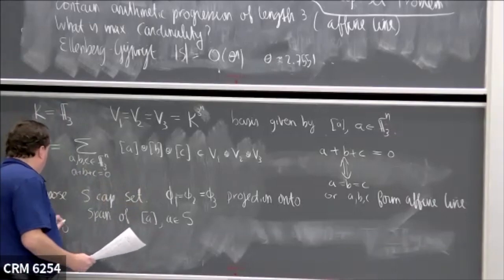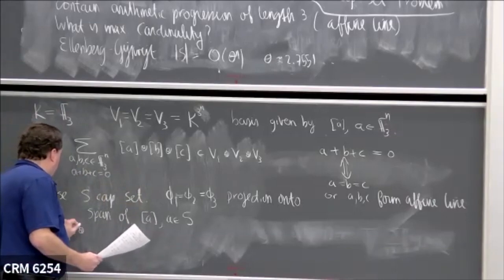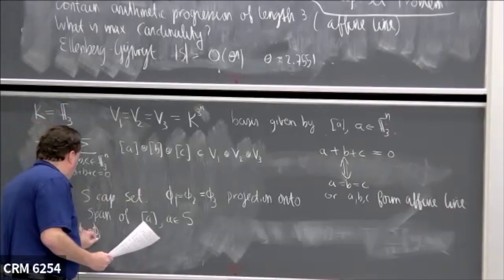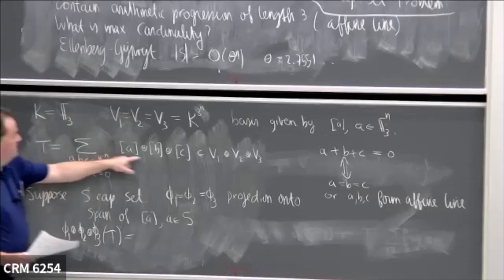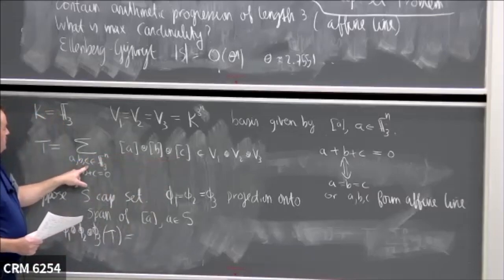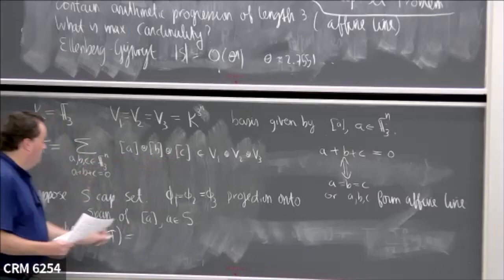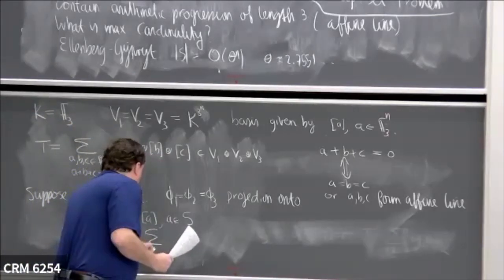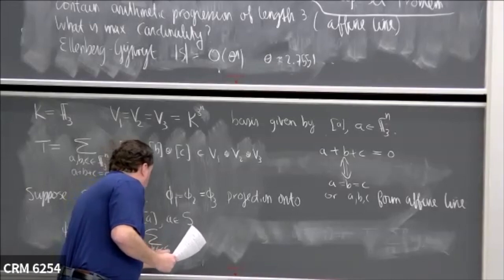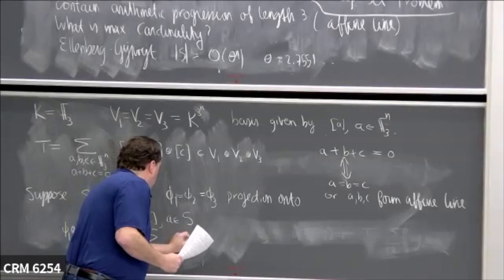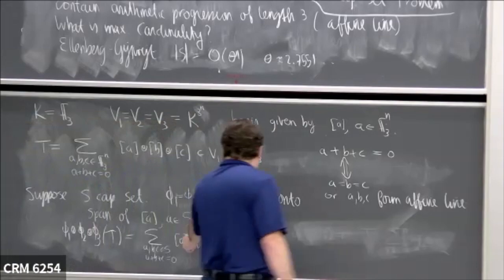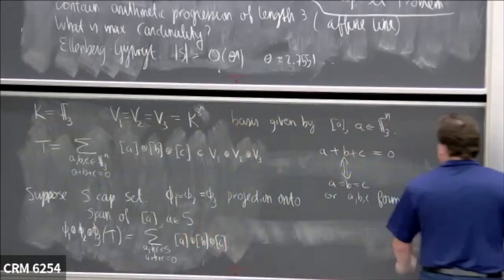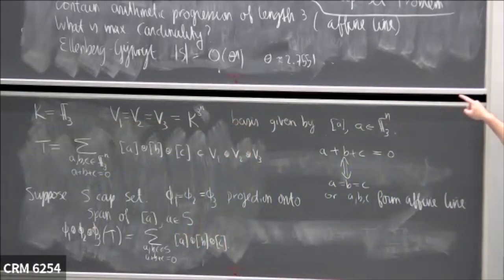Then, if you apply phi 1 tensor phi 2 tensor phi 3 to this tensor T, all these things go to 0 except when A, B, and C lie in S. So you get this sum over all A, B, C in S, such that A plus B plus C is 0, of A tensor B tensor C. Either A, B, C lie on a line, but in the cap set there are no lines.